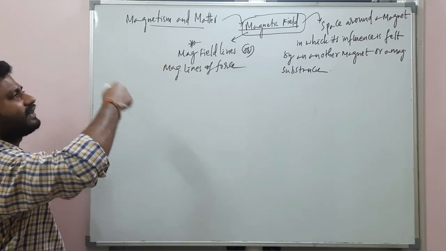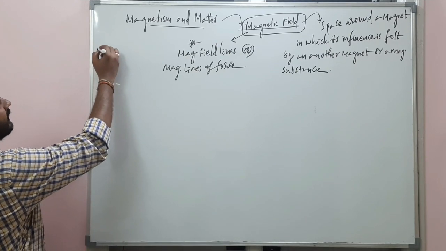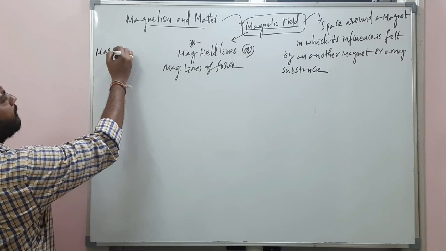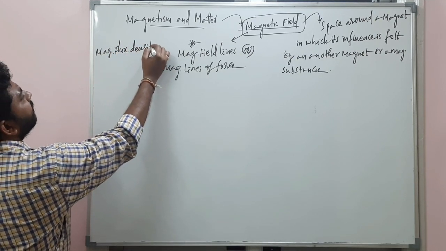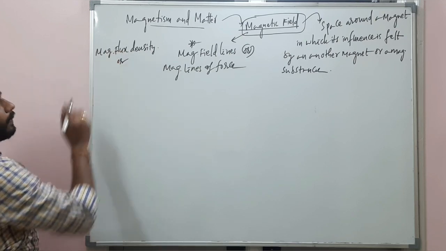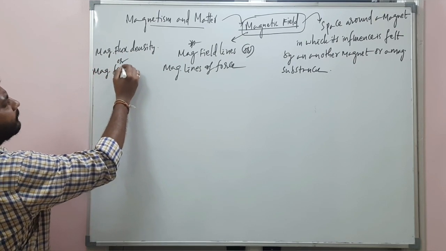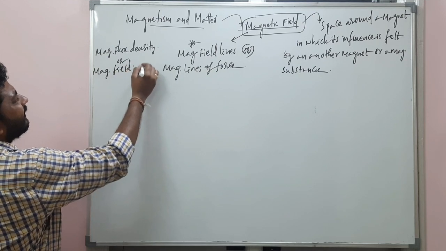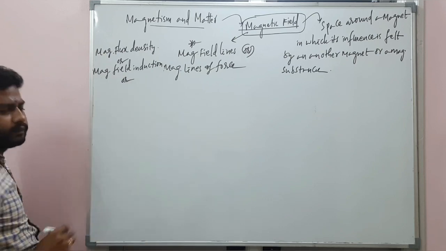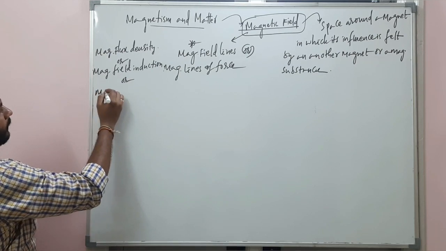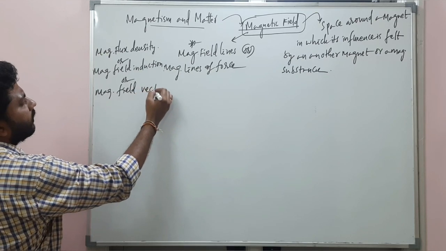And there are so many other names for this magnetic field. The names are like this: magnetic flux density, or magnetic field induction, or magnetic field vector.